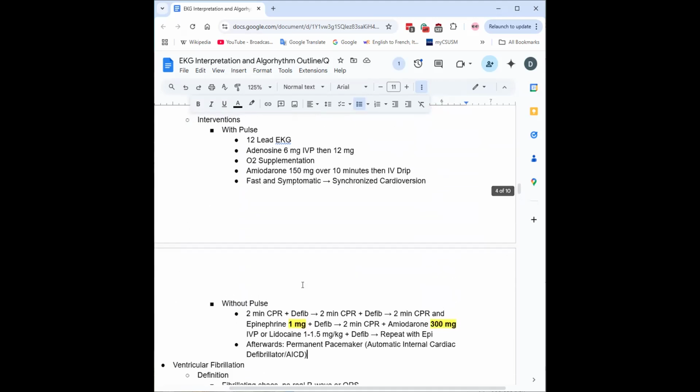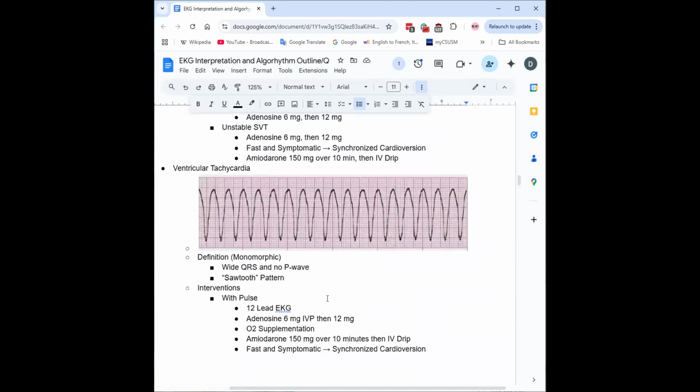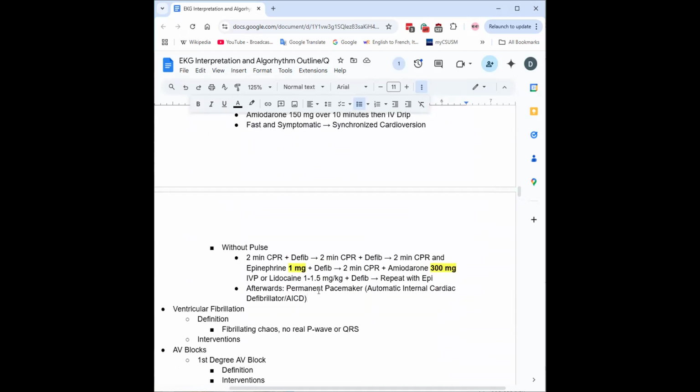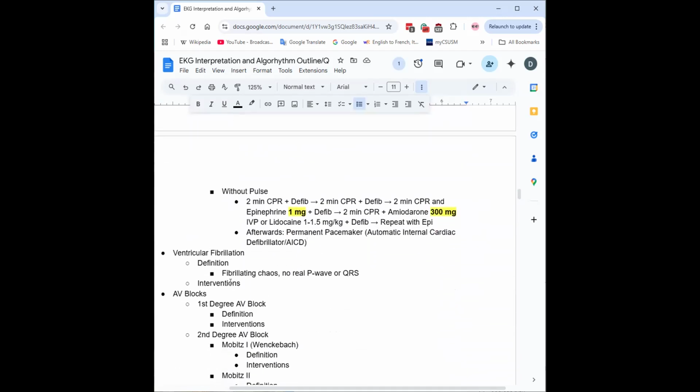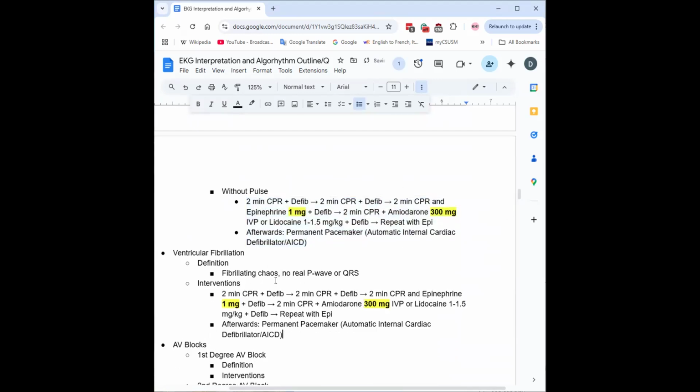Okay. Does everything make sense when it comes to VTAC? Pulseless versus pulse. Because then we can move on to ventricular fibrillation, which has the exact same interventions. These are both part of your big cardiac arrest algorithm. So both ventricular fibrillation and pulseless VTAC go on that left side of the algorithm, follow the exact same steps.